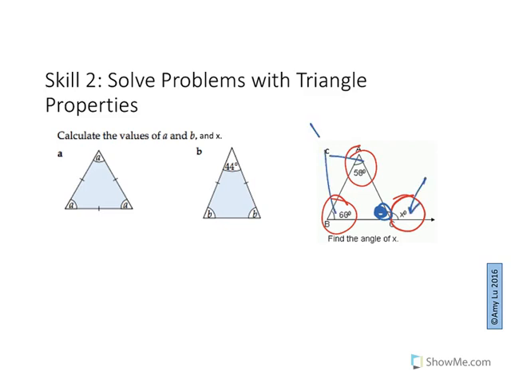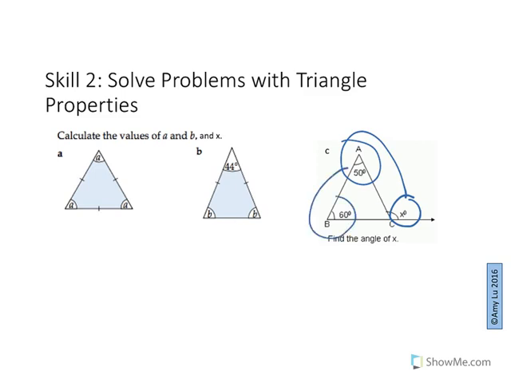If you notice, this is 110 degrees and this has to be 110 degrees, because since this one is 70 degrees, they share that common angle. So next time you see a problem like this, know that this exterior angle is the same as adding its two opposite angles that it does not share. That's it.